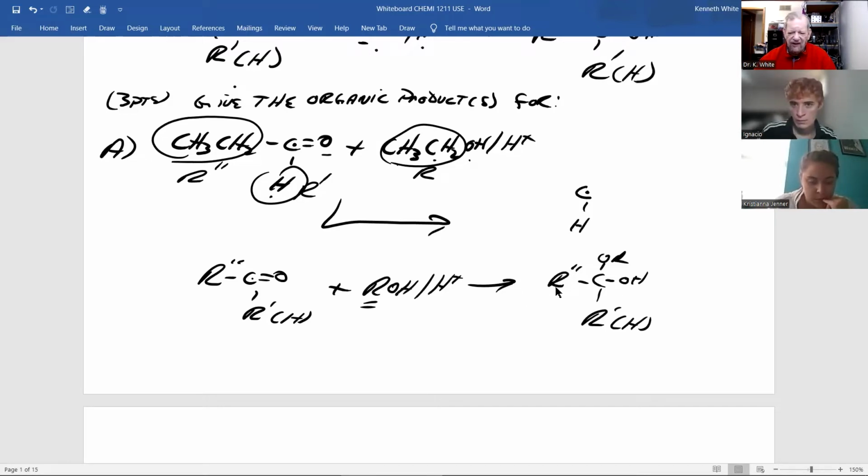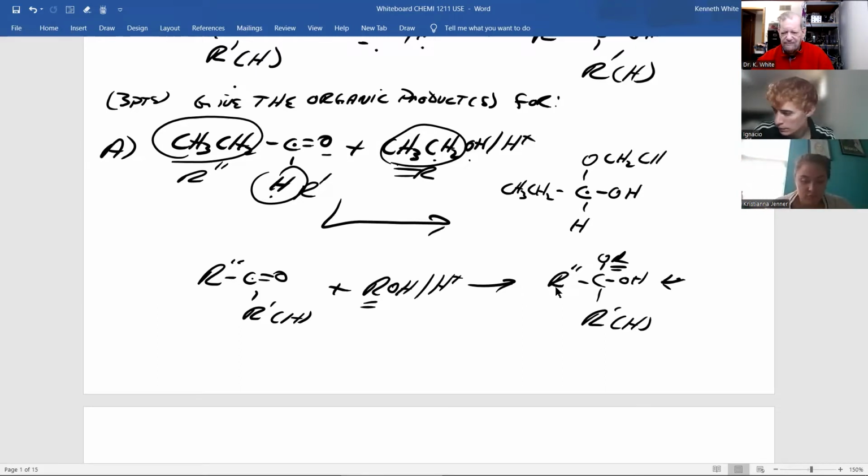R prime is hydrogen, and R double prime is the ethyl group. Remember, do you break carbon-carbon single bonds? No. And now my general reaction tells me I'll have a hydroxyl group on that carbon, oxygen. What's my R group here? From the alcohol, ethyl. And that's how you do it.